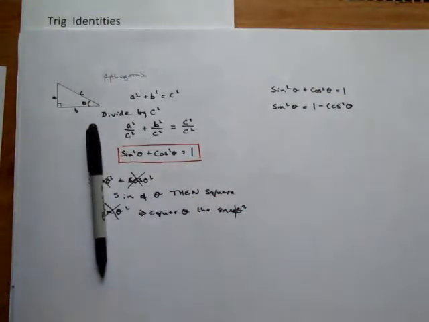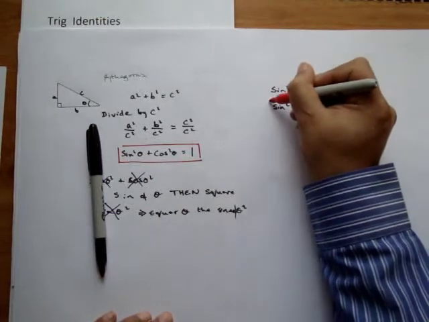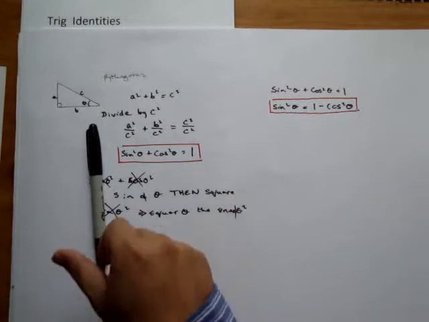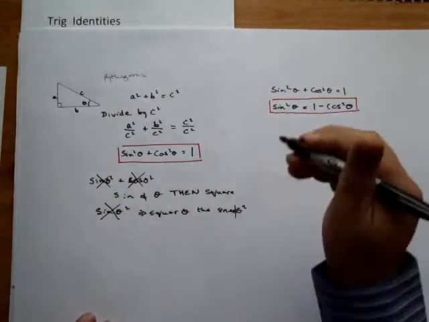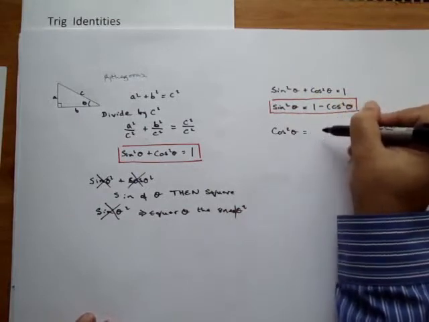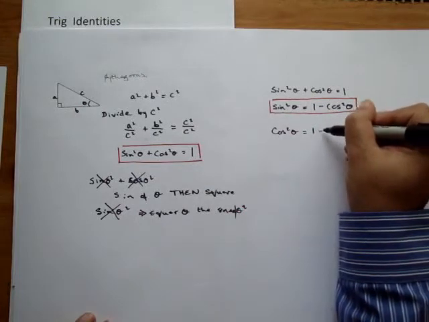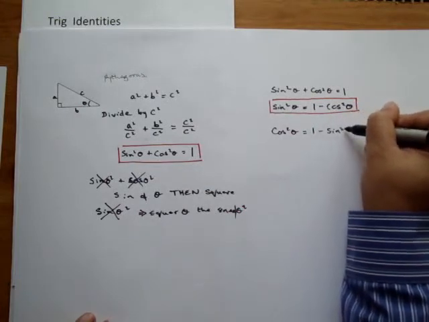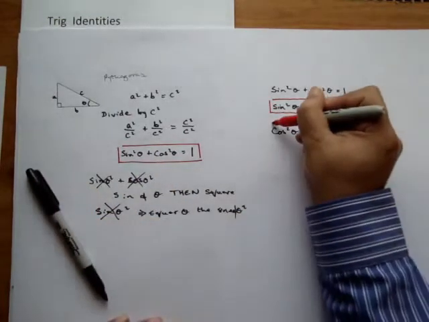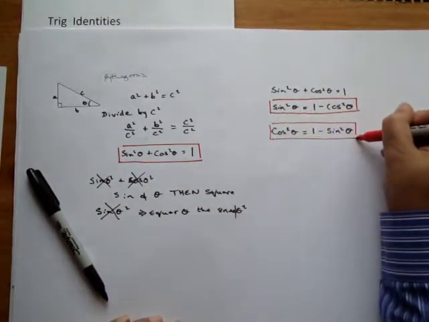So that's another important identity we need to know. If we rearrange again, keeping the cos squared over on this side, we get cos squared theta equals 1, moving the sine squared over to the other side, minus sine squared theta. So that's another identity we need to know.